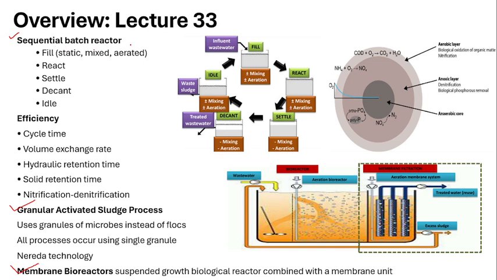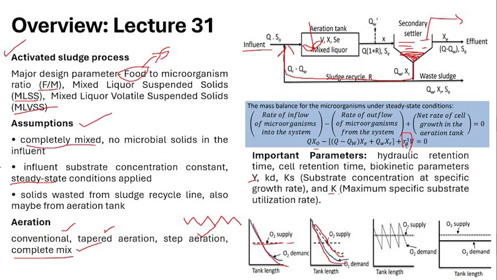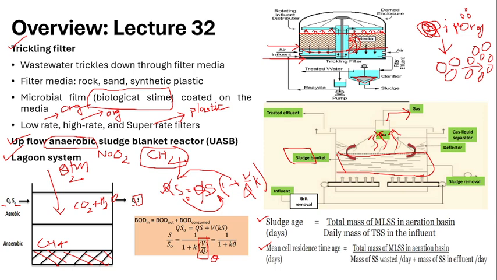What is the major difference? It is also mostly like ASP, but in ASP, as you see in this diagram, the inflow of wastewater happens here and aeration happens here, and there is a separate secondary settling tank from which the sludge and the clarified wastewater are removed, right? There are different sections for the different treatment steps.